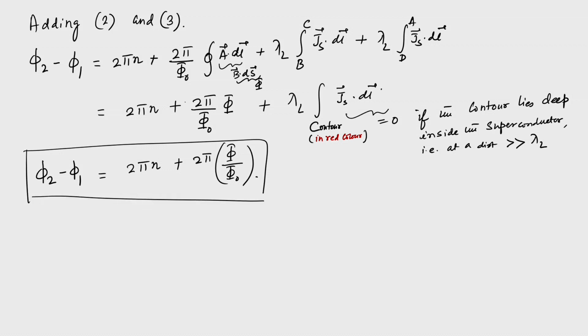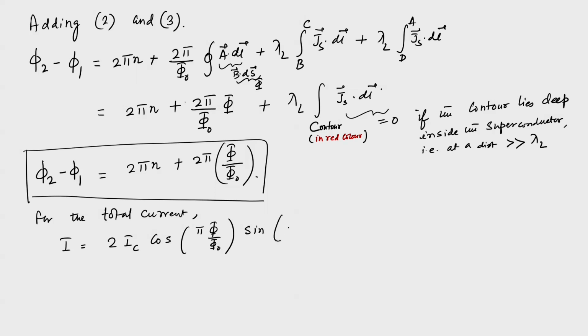This is important to us, because we know from the Josephson junctions that there is a relation of this kind. Now, for the total current, the total current I is given by twice Ic times cosine of pi phi over phi 0 times sine of phi 1 plus pi phi by phi 0.